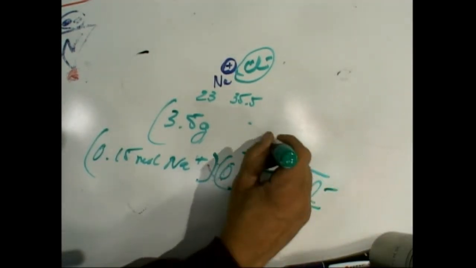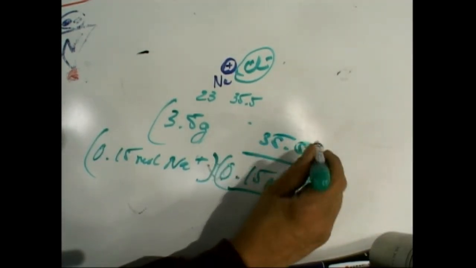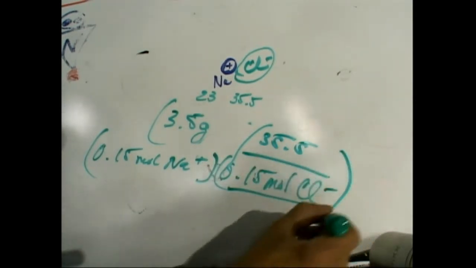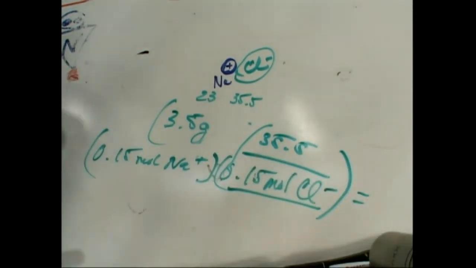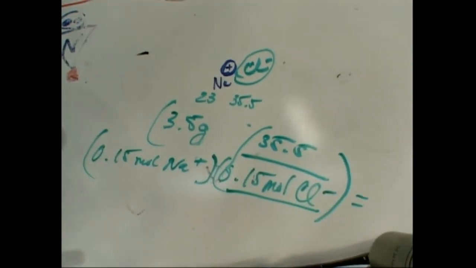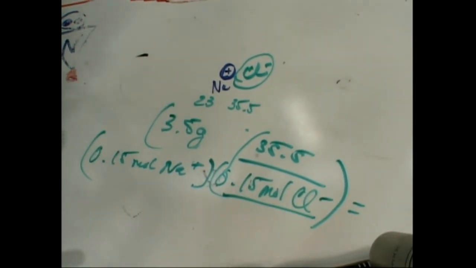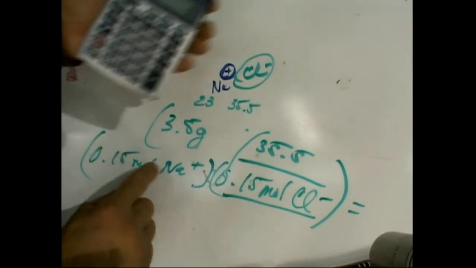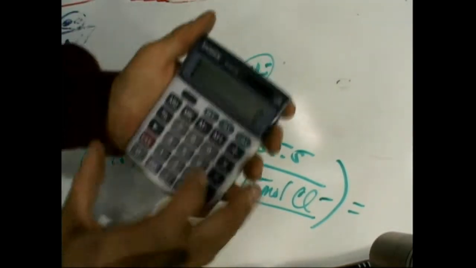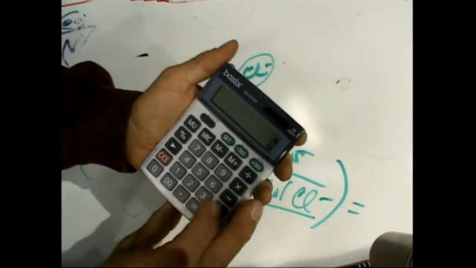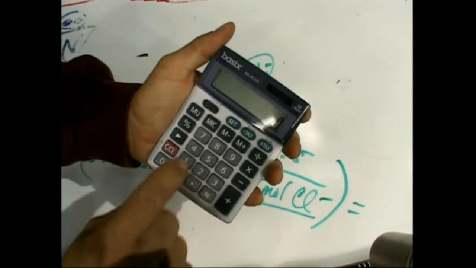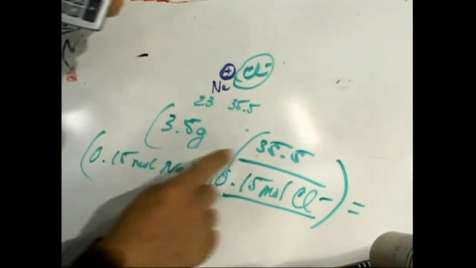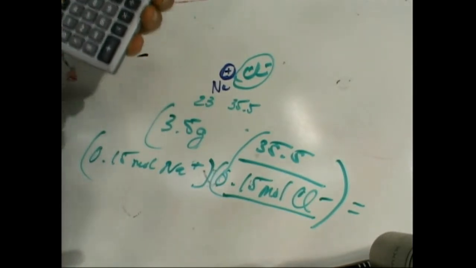Now we put the 35.5 in there. And cross your fingers. Like my old calculus teacher used to say, now by the grace of God and a good tailwind, we're going to take 0.15, and we're going to multiply that by 35.